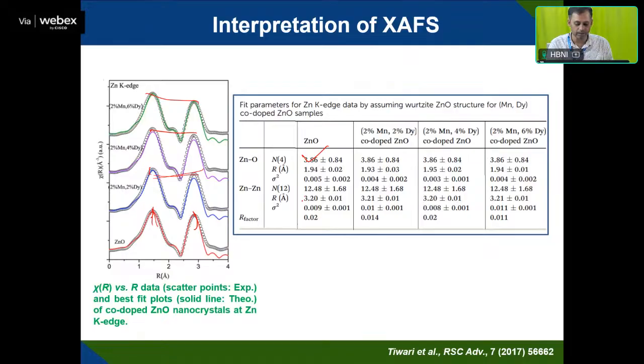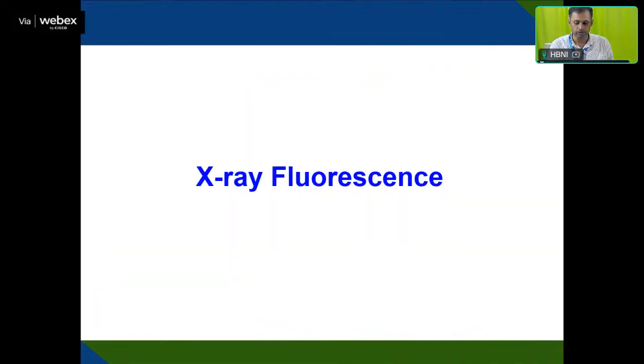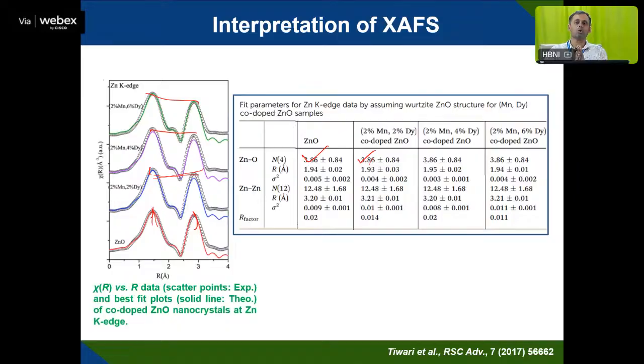So in ZnO, you have 3.8, and with 2% doping it is now 3.86, so this is how it's changing. Those parameters you can find out with the doping and Zn bond length. All this information you can find out by using EXAFS spectroscopy. So X-ray absorption fine structure spectroscopy mainly gives two things: one is X-ray absorption near edge structure, XANES, and the other is extended X-ray absorption fine structure, EXAFS.